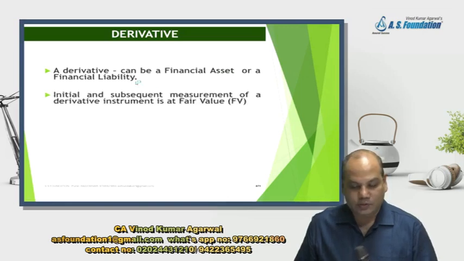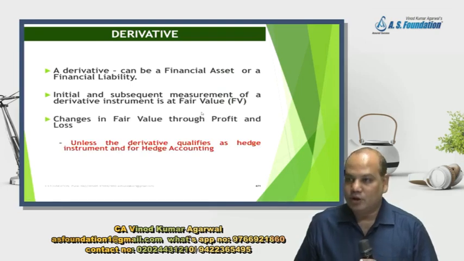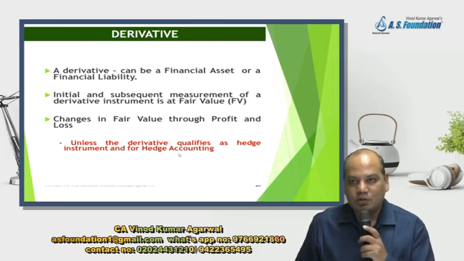So understand, a derivative can be a FA or FL. Accounting: initially at fair value, subsequently at fair value, with change in fair value going to the P&L account. However, if the derivative qualifies as a hedge instrument for hedge accounting, then follow the treatment suggested under the hedge accounting rules.